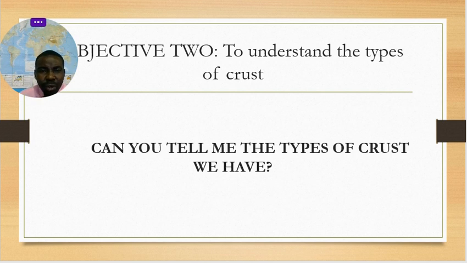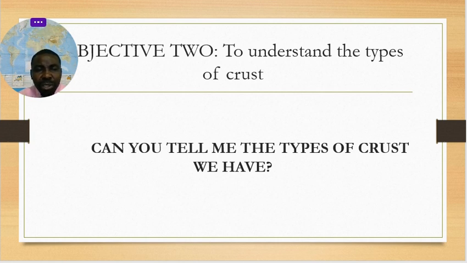Before I show you the types of crust we have, can you predict? From the video you must have heard something about the crust. Can you tell me what the types of crust are? Can you mention them? Okay, that's very good. Now let me show you.